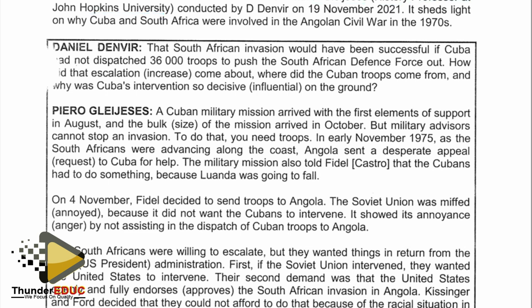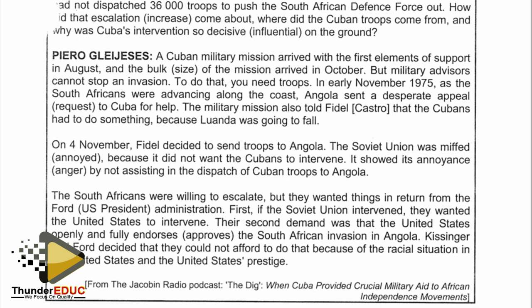source 2C is talking about how the South African invasion would have been successful if Cuba had not dispatched 36,000 troops to push back the South African defense forces. Troops came from Cuba's intervention. And why was Cuba's intervention so decisive or influential on the ground? We go on to this part here.